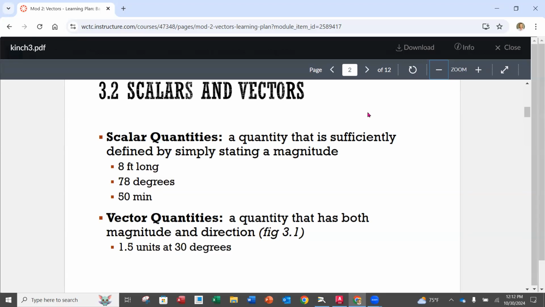As soon as we need 2 things to fully define it, for instance, a vector is going to be fully defined by magnitude, so how much that quantity is, but also adding direction. So when we start looking at distance, it's going to be this many units long, 1.5 units long.